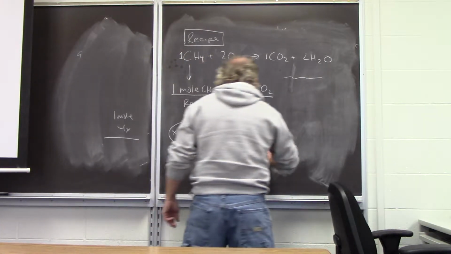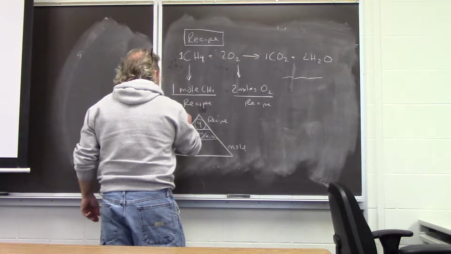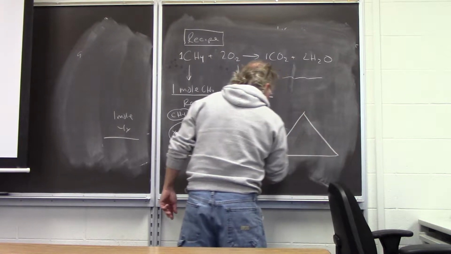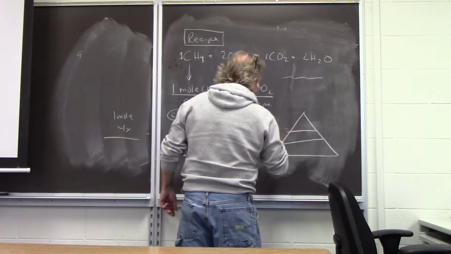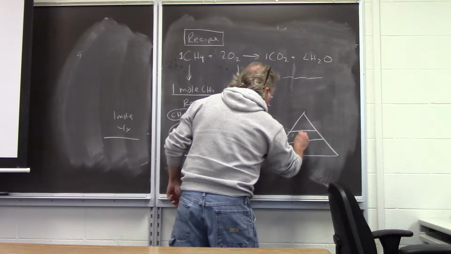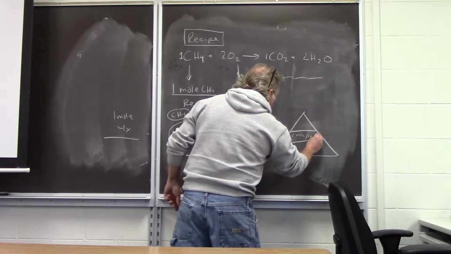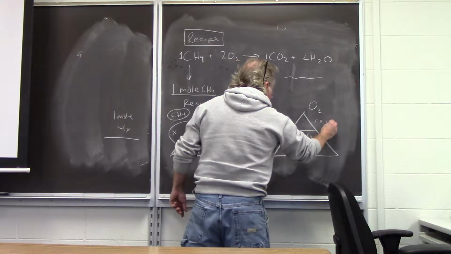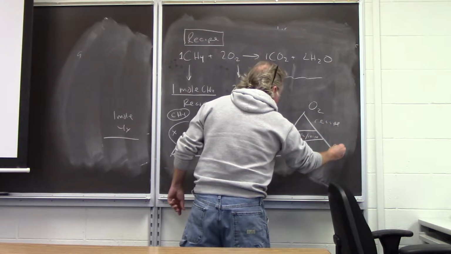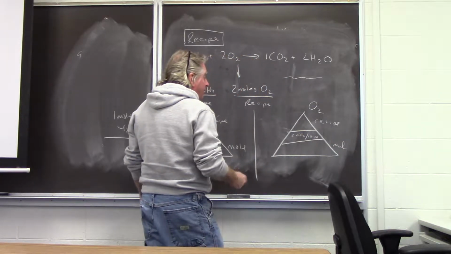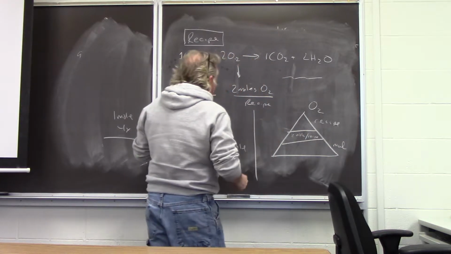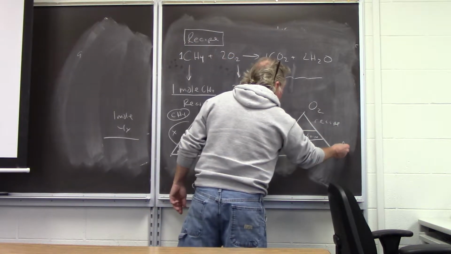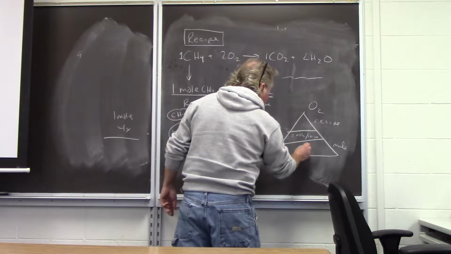Let's try it with oxygen. So this is methane. For oxygen, we have a similar grouping triangle. In this case, it's 2 moles per recipe. Recipes is what you're going to group into, and then moles. So let's say I have 10 moles, and I want to know how many recipes, or how many times I can do the reaction.